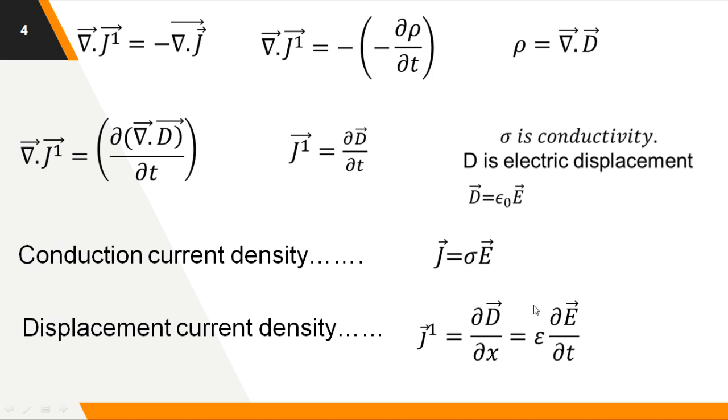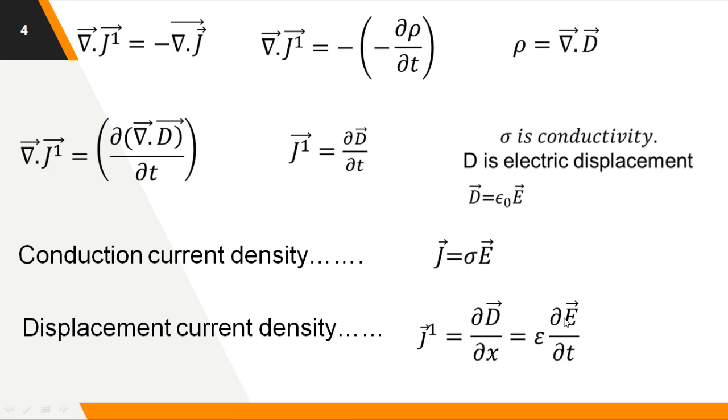That's a conduction current. Suppose in the region the electric field varies. This is interesting. The electric field varies with respect to time, ∂E by ∂t. Then it establishes a current. That is called displacement current, and the corresponding density is the displacement current density. Understood?